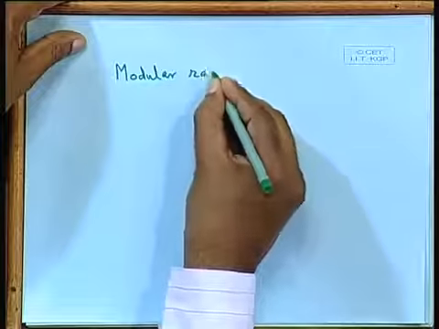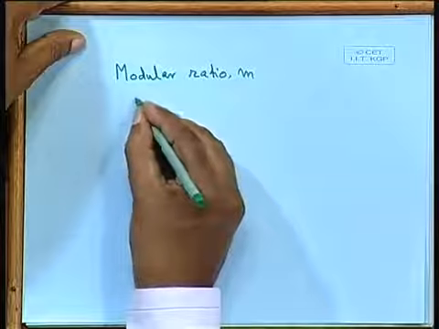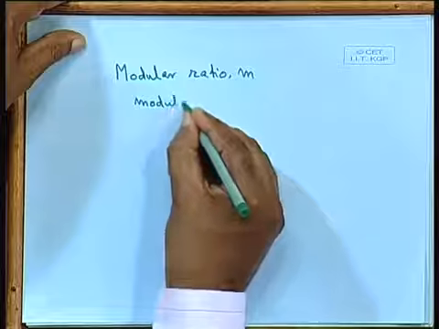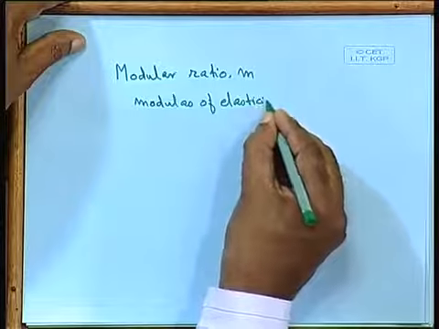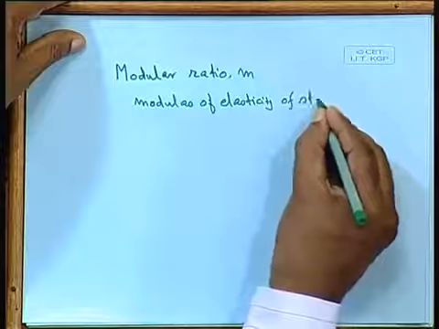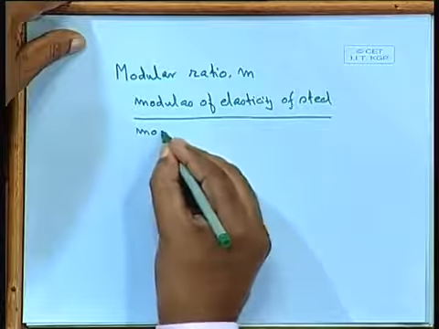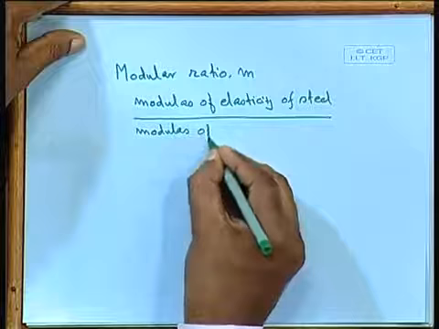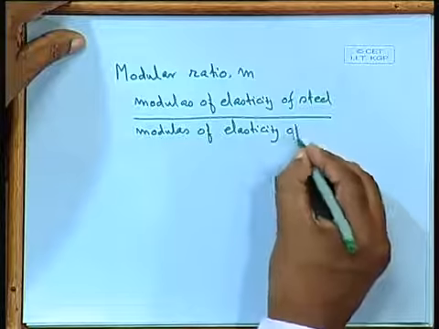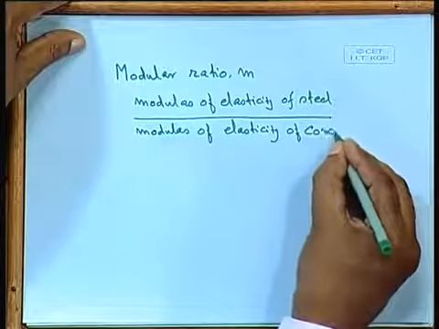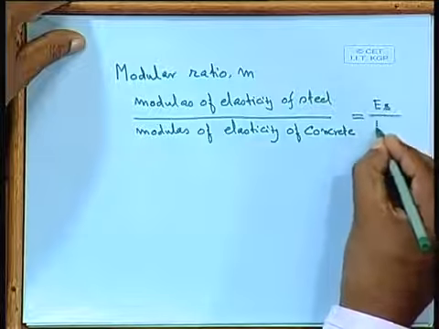The modular ratio m is the modulus of elasticity of steel divided by the modulus of elasticity of concrete, Es by Ec.